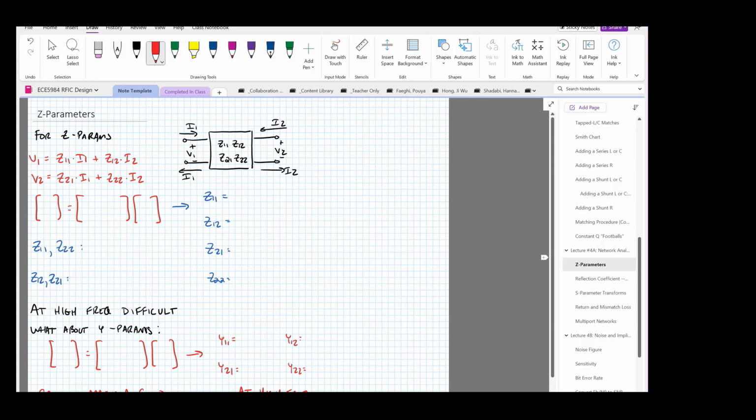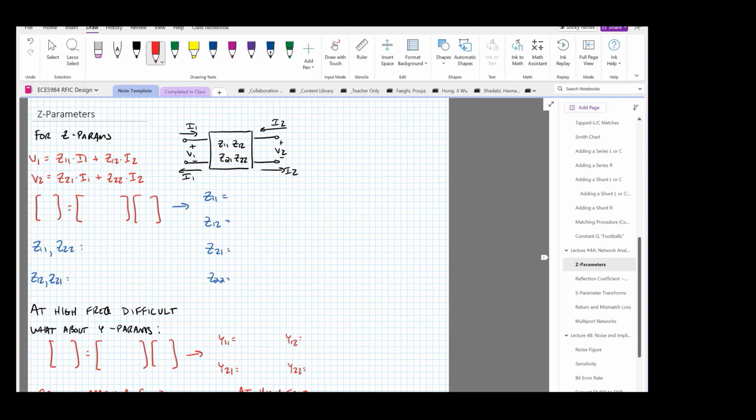Now we have a problem when we start going to high frequency. So let's take a look at what that is. These are Z parameters, and the Z parameters are really just an expression of a set of linear equations relating voltage to current. So for instance, we have V1 equal to Z11 times I1 plus Z12 times I2, and V2 equal to Z21 times I1 plus Z22 times I2.